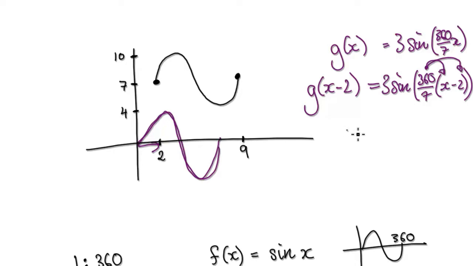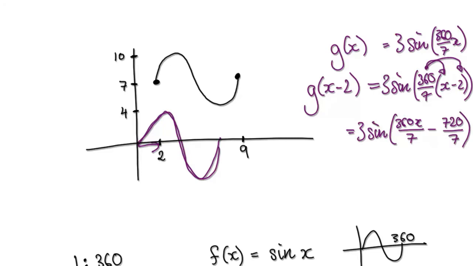So that would then be 3 sine of 360x over 7 minus 720 over 7. So we punch this into Desmos, and it should move it across by 2.